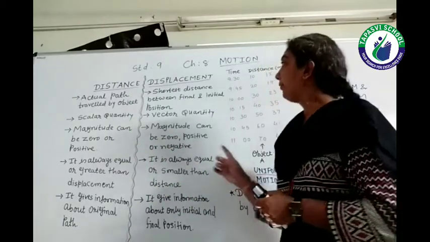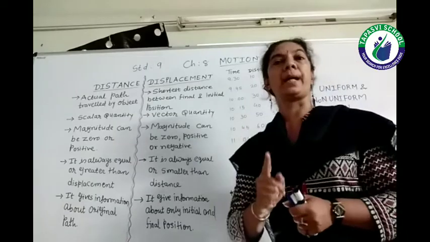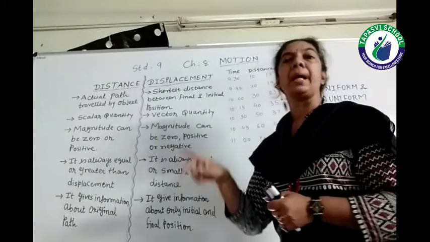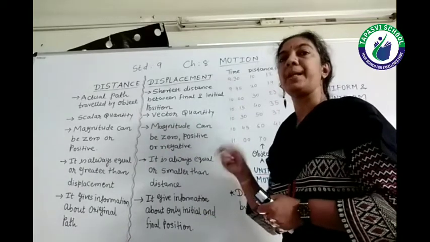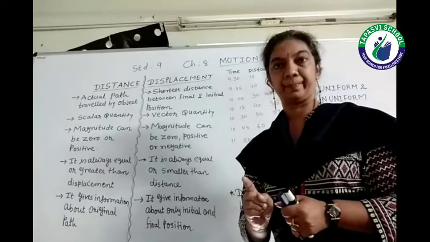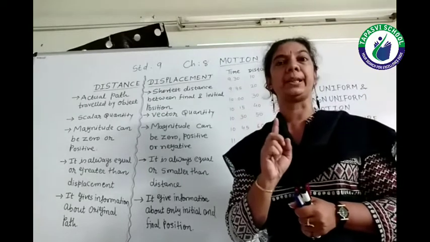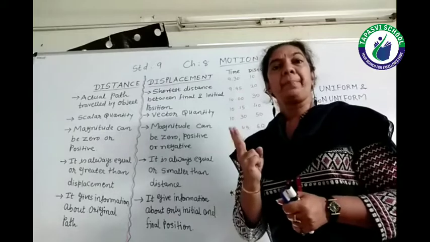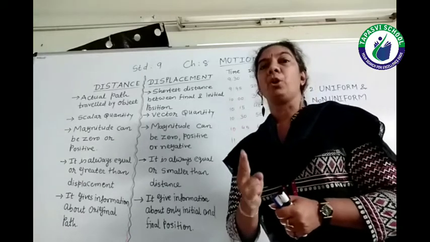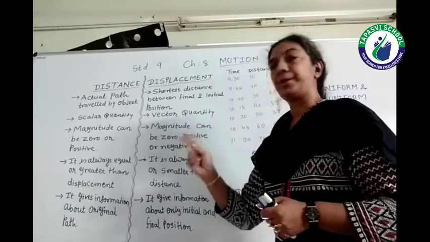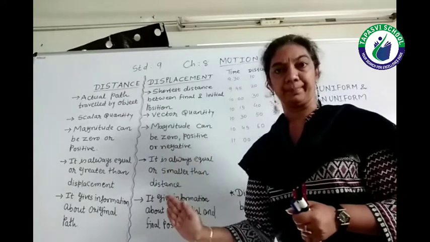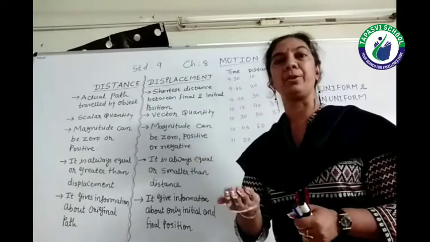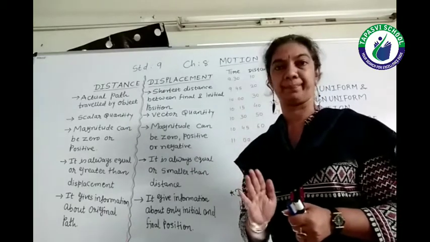So in differences, do not write that the unit of distance is meter and the unit of displacement is also meter. That is not considered a point of difference. Second important instruction, please always try to write down the differences part-wise only. That can give you the maximum marks according to the quality of the answer.